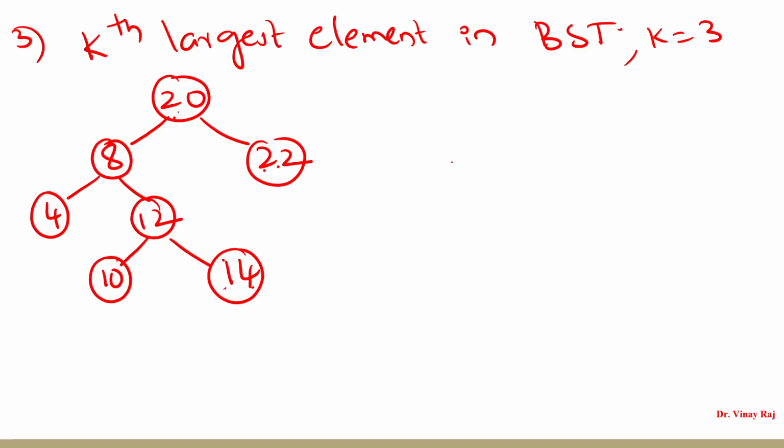Can we use an array to store them and then find out, or a linked list, since they are connected? Is there any technique with which we can find out which element is the kth? In this case, if I take k equal to 3, or let's say k equal to 4, I want to find the fourth largest element. So the answer should be 12 here, right? 12 is the fourth largest element. So how do we find that?